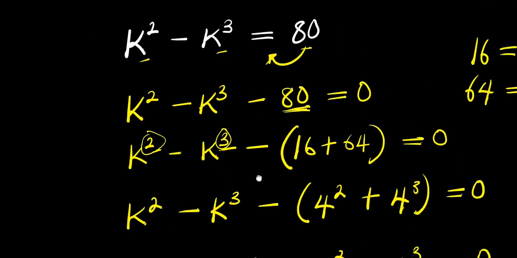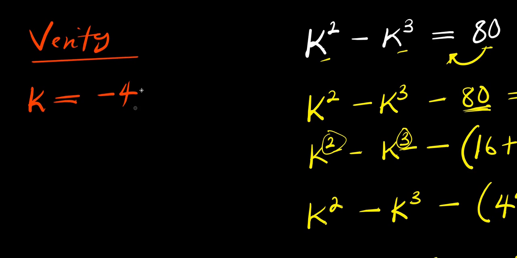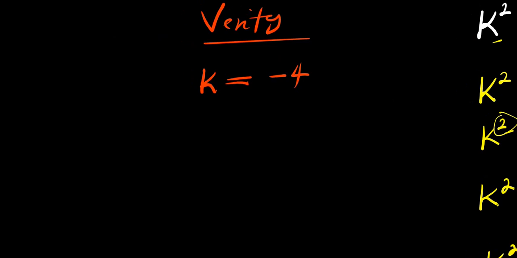So the next thing we are going to do will be to check. Let's verify by using the real solution, and the real solution is we have k equals -4. So remember the question, which is k power 2 minus k power 3 equals 80.